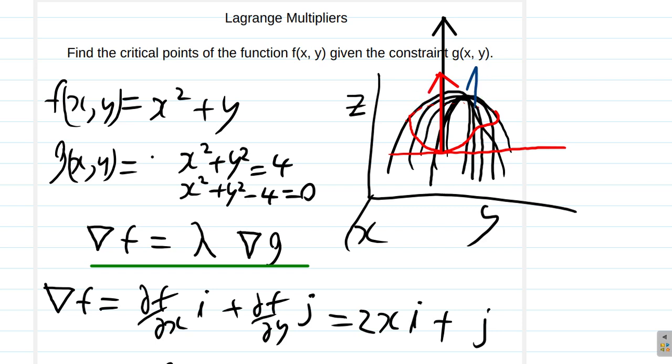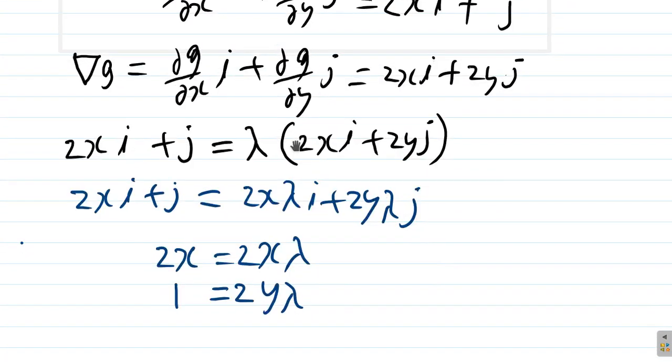But you want the vectors to be on the constraint, right? So you want to find where both vectors meet as well as where the constraint is. Both vectors should meet on the constraint.